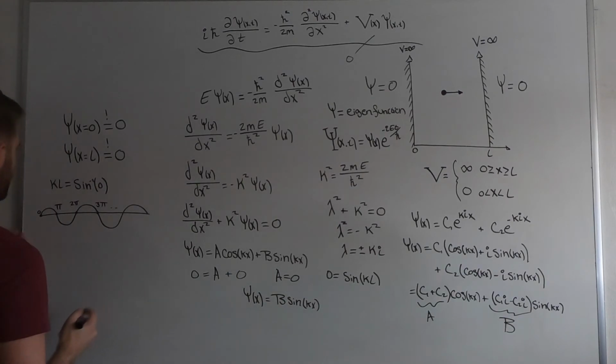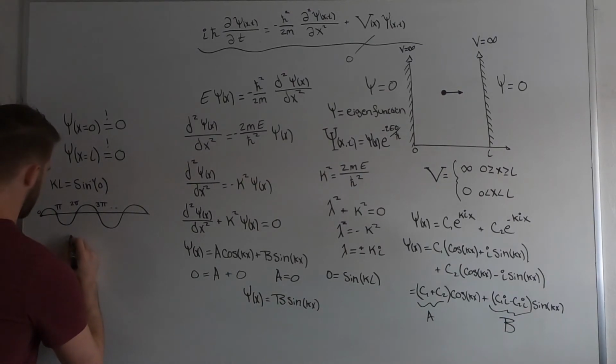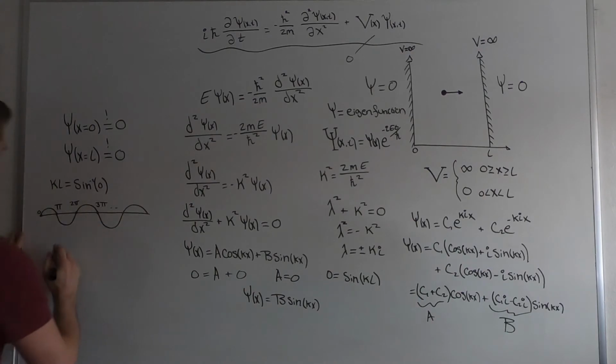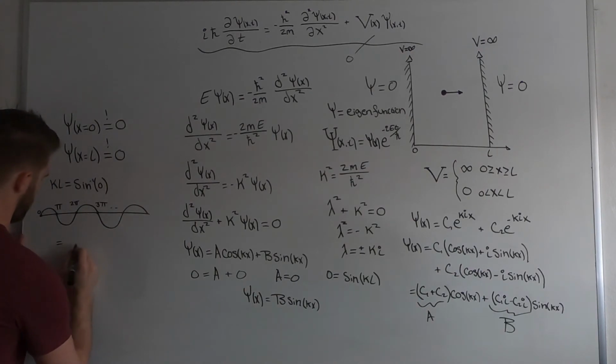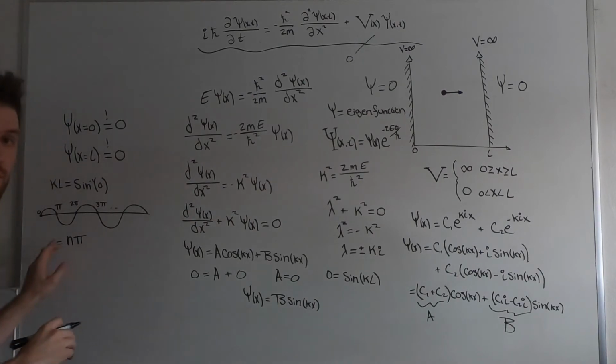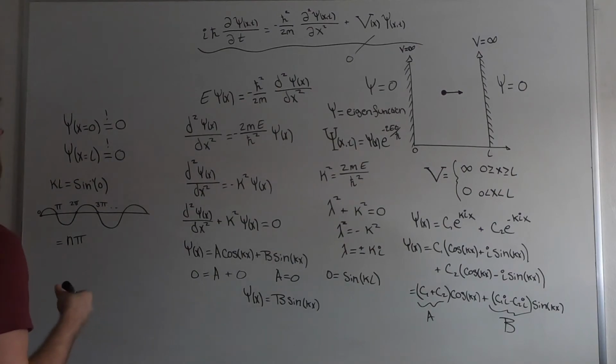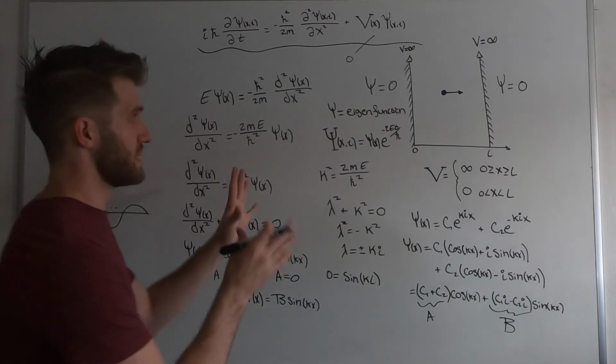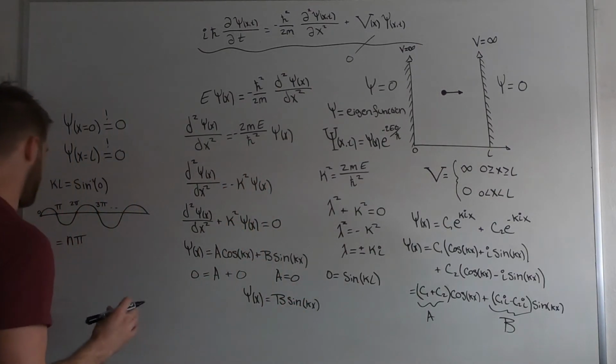That would mean that our argument here would be equal to n times pi. Even or odd integers, this could go both ways, but we're containing this in a positive region for now.